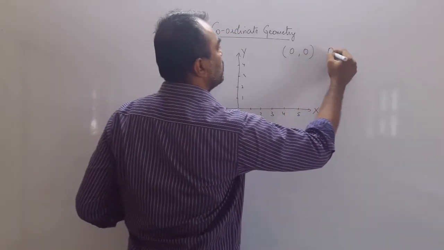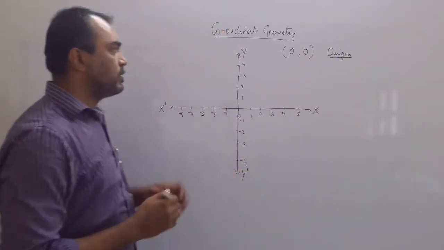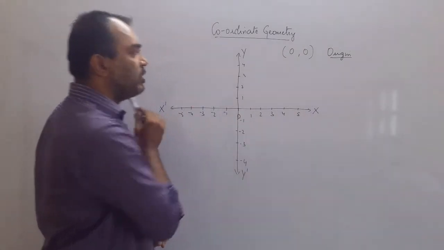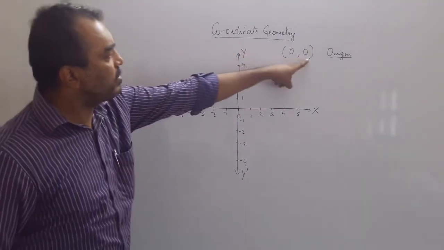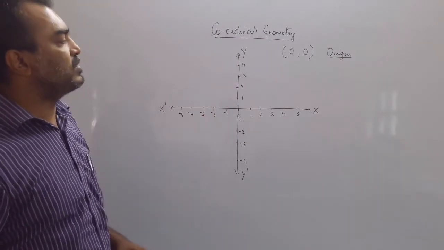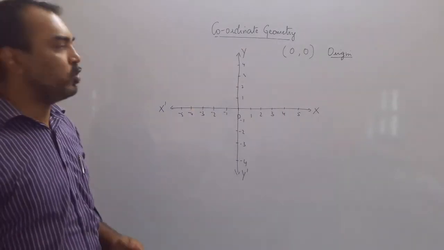So 0, 0 is the origin. So what does the origin tell us? This 0 tells us neither to the right, neither to the left. This 0 tells us neither to the top, neither to the bottom. It is like exactly in the center. So this coordinate 0, 0 is called the origin.